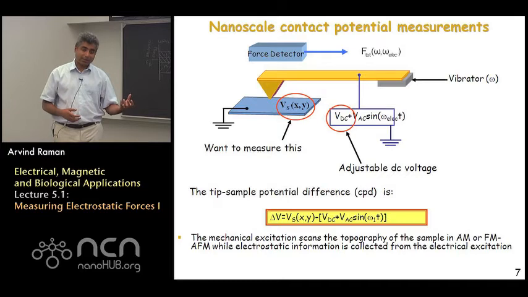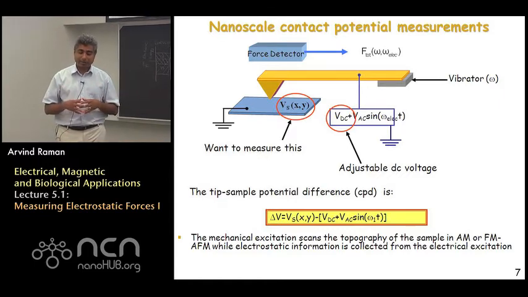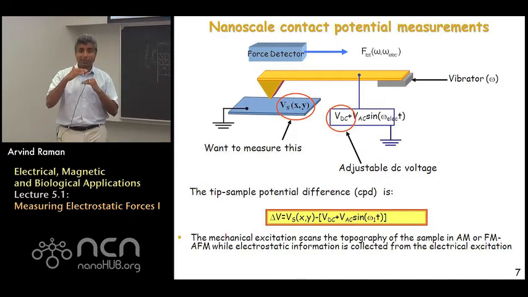Usually, the electrical excitation frequency is much smaller than the mechanical excitation frequency and is typically of the order of 5 to 10 kilohertz. Now, when one applies this voltage to the cantilever, you can see that there's going to be at every point of the sample a different value of voltage difference between the tip and the sample, which is given by the difference of V sub S with this VDC and VAC term.